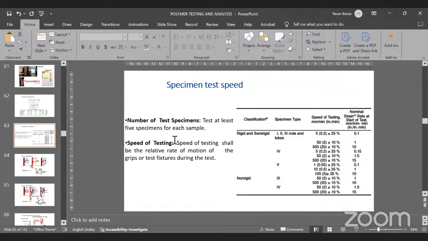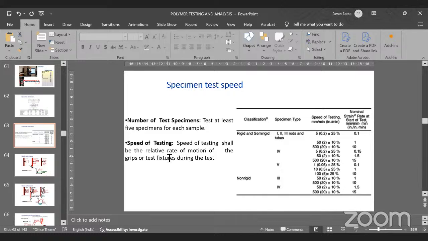Generally the standard mentions that minimum 5 samples have to be tested for a single polymeric material, because we can average the results and present them that way. So the number of test specimens is at least 5 for each sample.